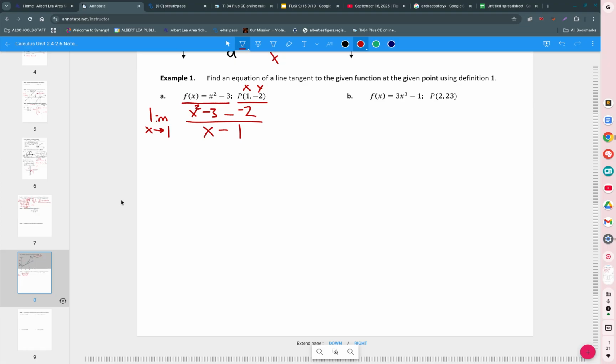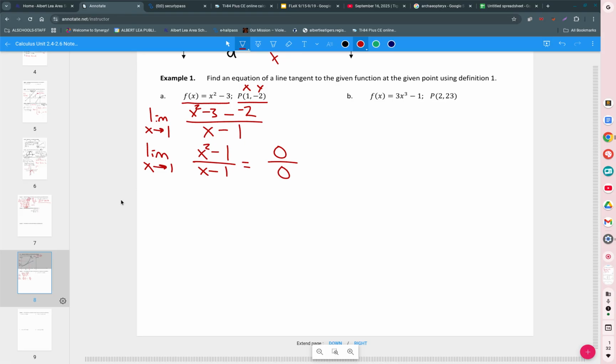And notice that we get the limit as x goes to 1 of x squared minus 1 in the top and x minus 1 in the bottom. Every time you are trying to find the slope of a line tangent, you will come up with this situation, such that when you plug 1 into the top, you get 0, and when you plug 1 into the bottom, you get 0.